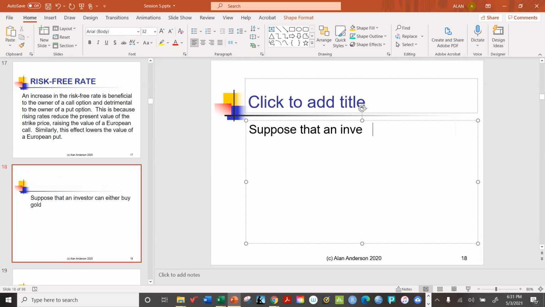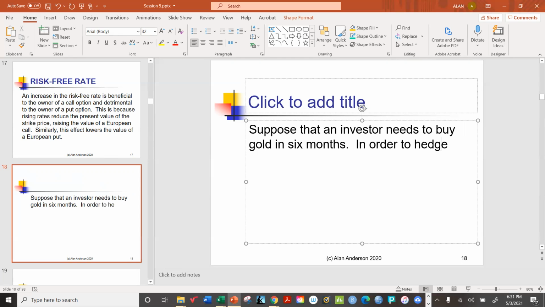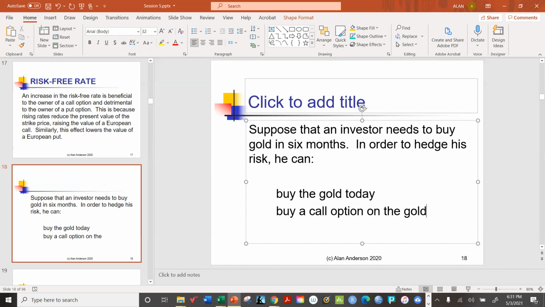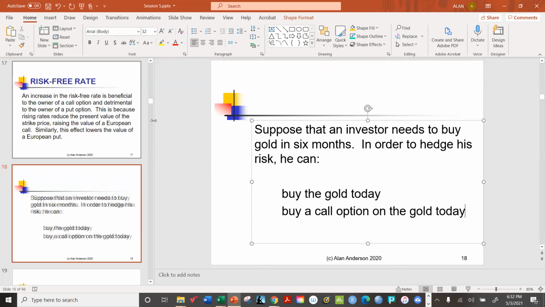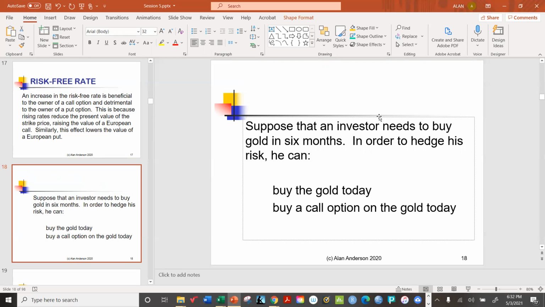Oh, all right, let's put it this way. An investor needs to buy gold in 6 months in order to hedge his risk. He can buy the gold today, or buy a call option on the gold today. Now, what would be the biggest advantage of buying the option instead of buying the gold today?